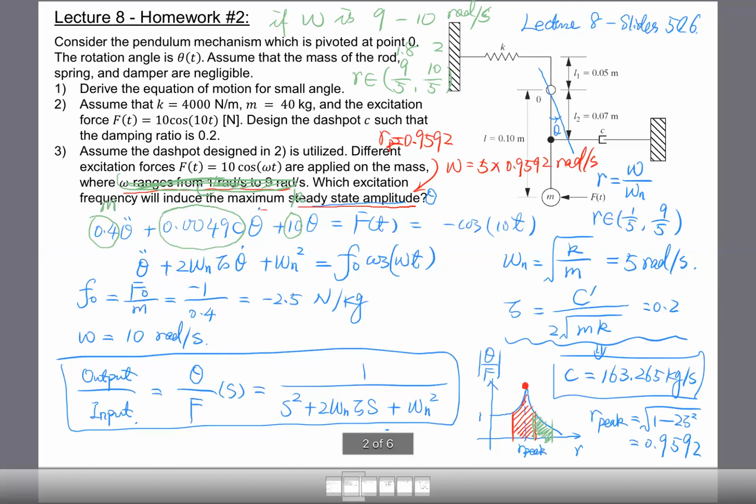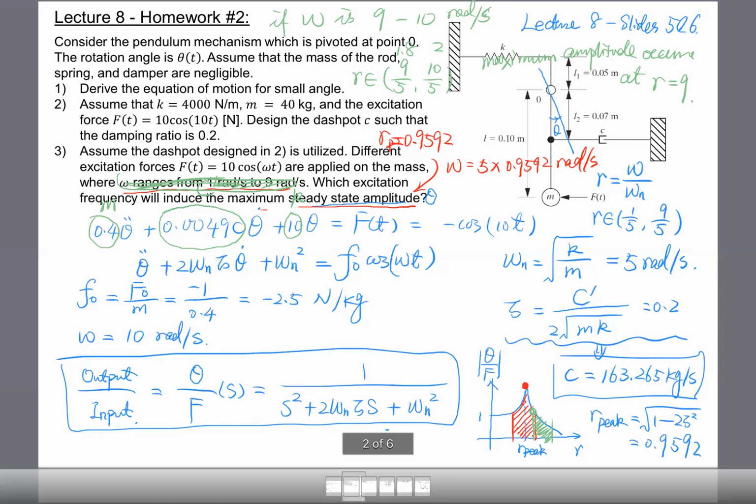So in this case, your steady state amplitude peaks when your R number is the smallest. So that means if this is the case, your maximum amplitude occurs at R equals 1.8.